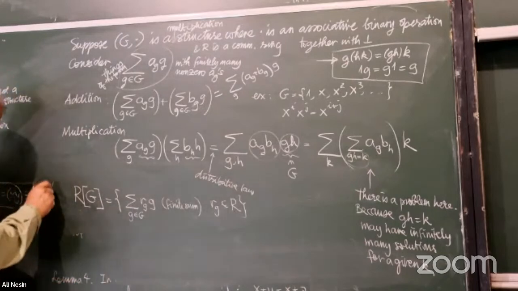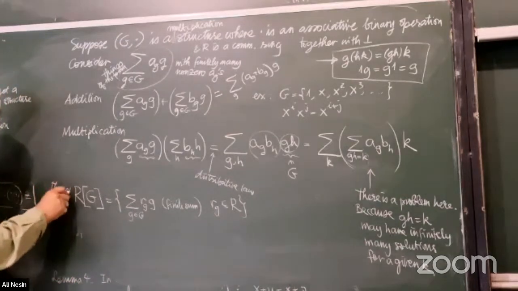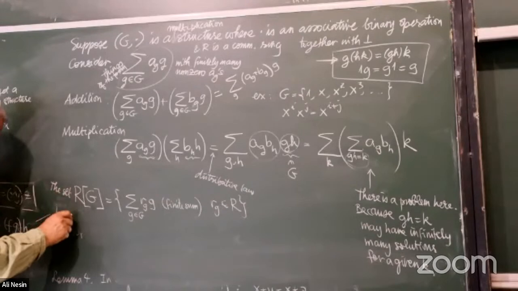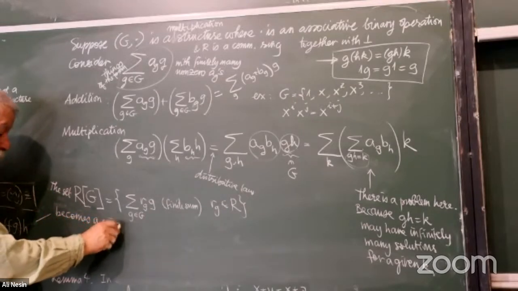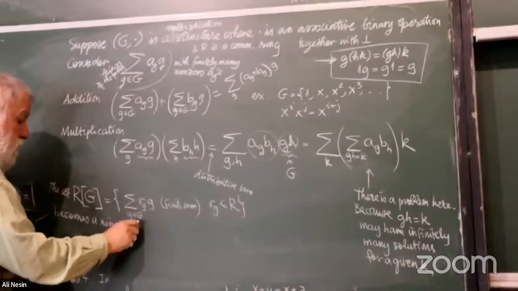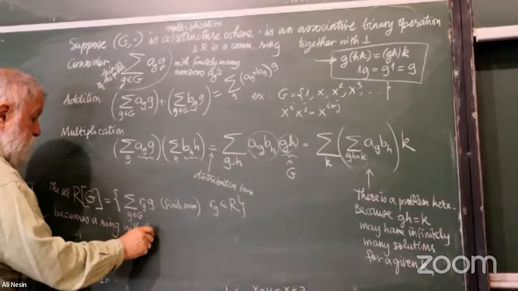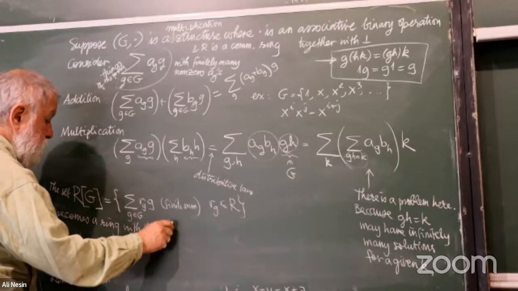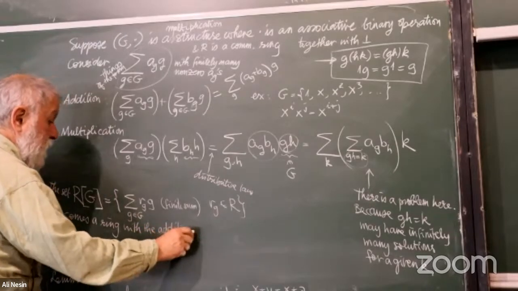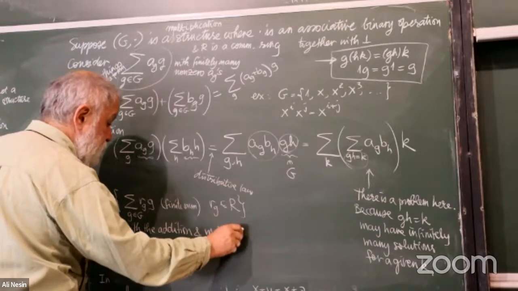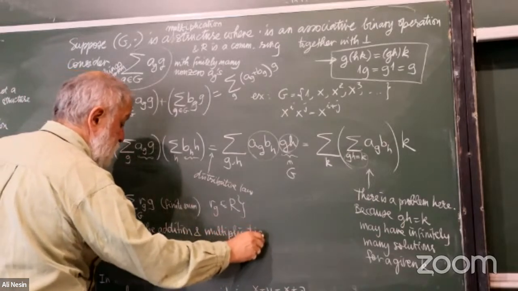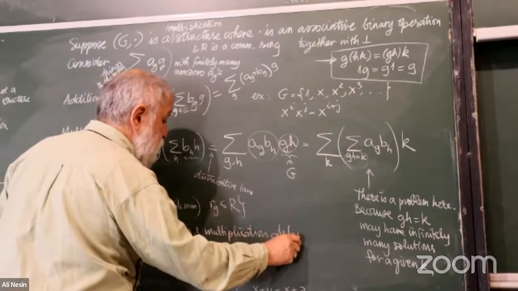The set becomes a ring with the addition and multiplication defined above.